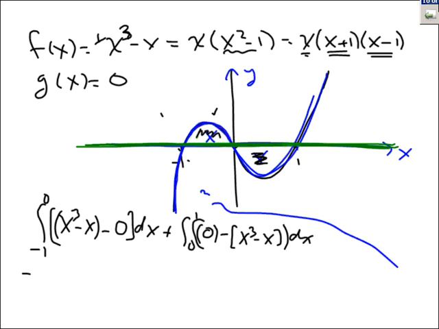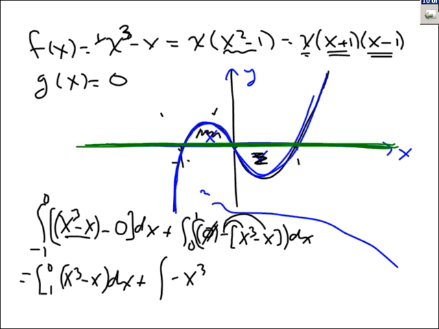Well, when we subtract the first time, we're subtracting 0. We get back x cubed minus x, dx. Plus, here, the 0 is gone. We get negative x cubed plus x. And here we go from 0 to 1.